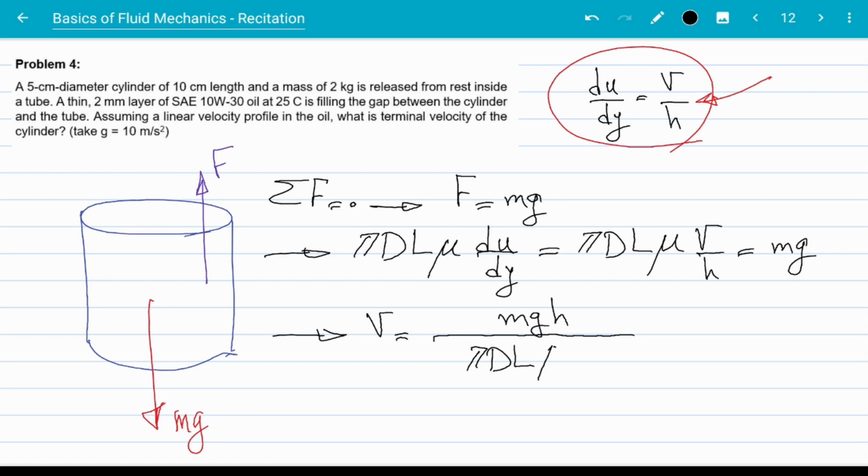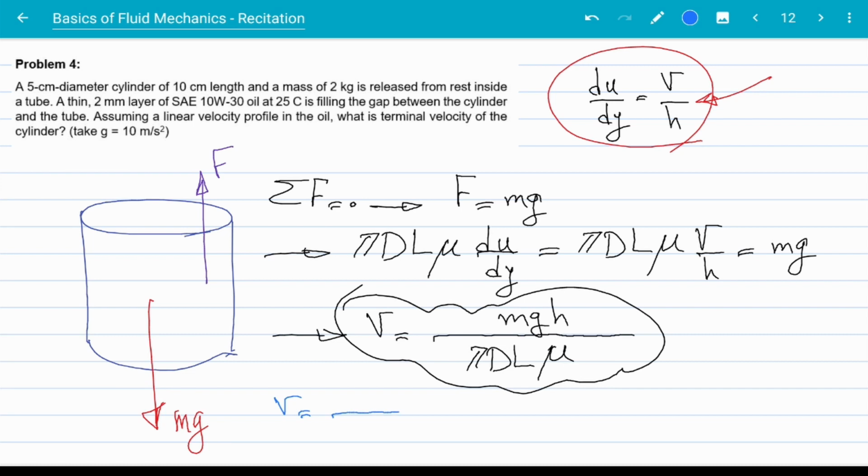So all that remains now is to plug in numbers and calculate the actual velocity. So velocity is: mass of the cylinder is 2. G, the problem says we can take it as 10. H is the gap.